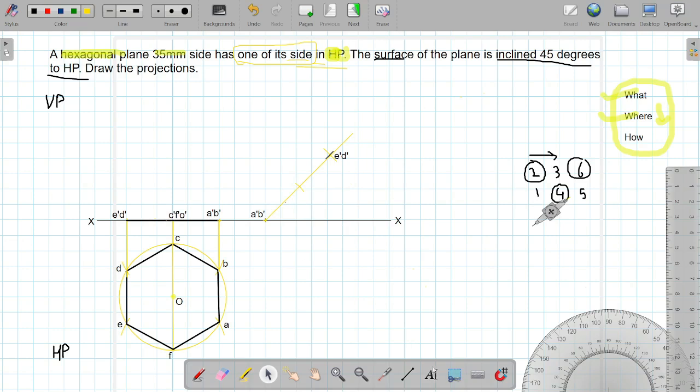So I will name this point as C dash F dash O dash. And now we will make this dark, from this point to this point. Okay. This completes step 3.